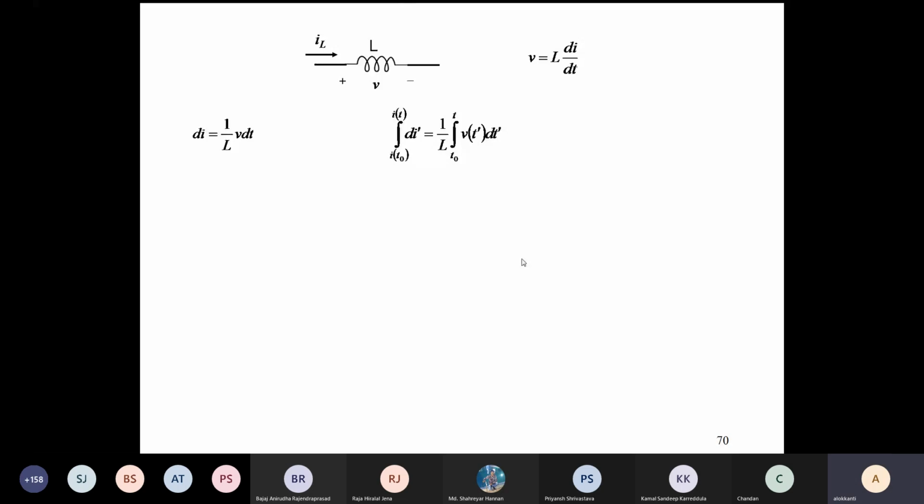That is the current i(t). As I told you, wherever there is a changing voltage or current, they are all functions of time. Sometimes we may write the function, sometimes we may not, because they will appear a lot of times. The small letter basically indicates it is a varying quantity.